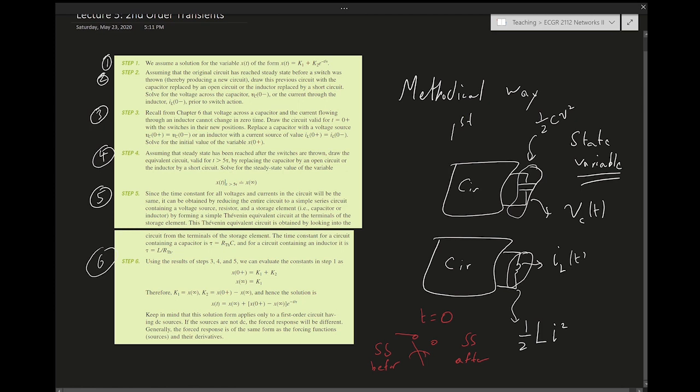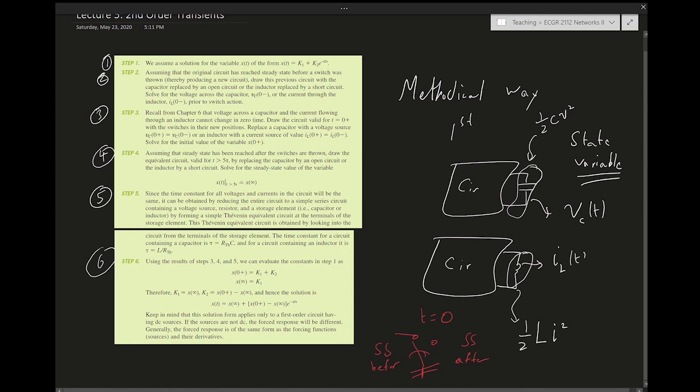We just want to assume at this point that any previous transients in the past are long gone and finished. And by the time this new transient of interest occurs at time equals 0, the circuit is in steady state already, previous steady state. Right? So we assume that the original circuit reached steady state.